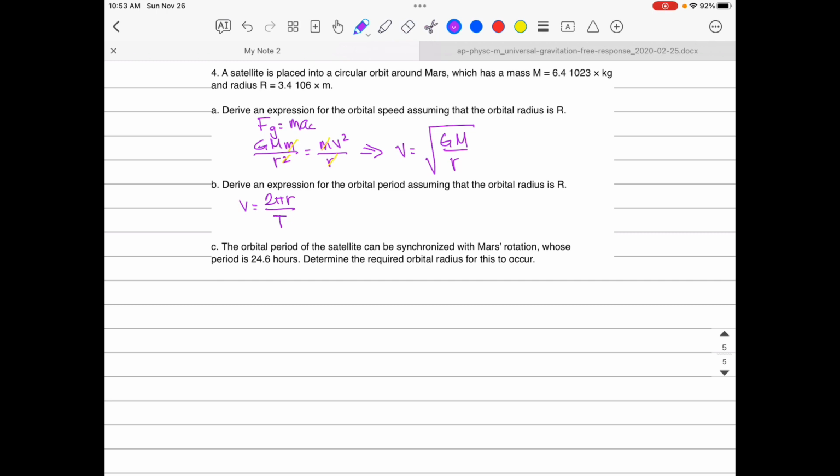In this scenario, since they are both the same velocity, we can plug this velocity in here, and we get the square root of GM over r is equal to 2 pi r over period. Then we want to solve for period, so I'm going to square both sides.